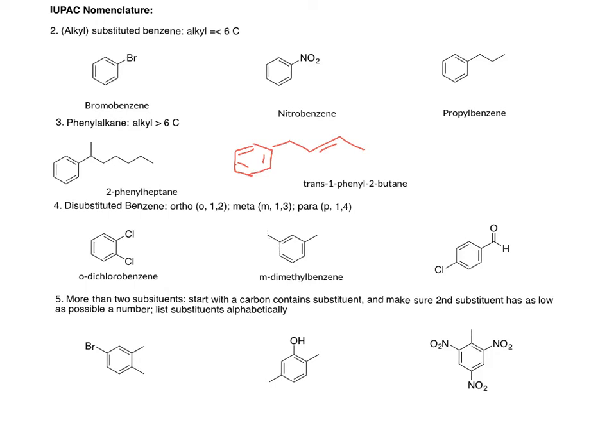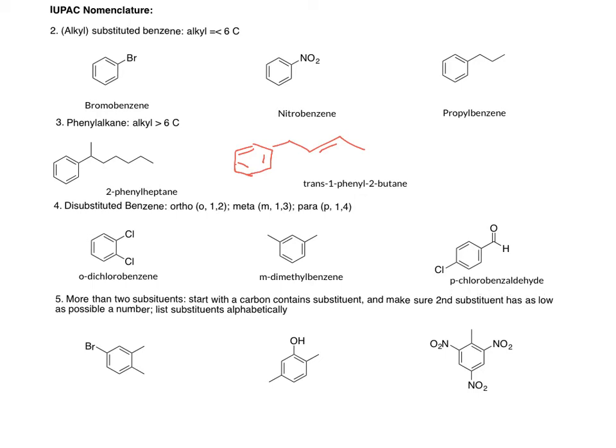And the following example has the chlorine and the aldehyde functional group para to each other. It could be named as para-chlorobenzaldehyde.